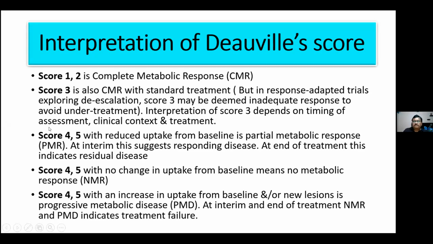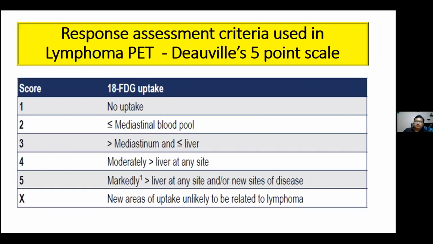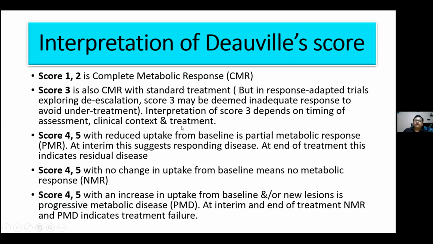Score 4 and 5, what is score 4 and 5? 4 means moderately more than the liver. 5 means markedly more than the liver. 4 and 5 with reduced uptake from baseline, now we are comparing from the baseline, is partial metabolic response, PMR.